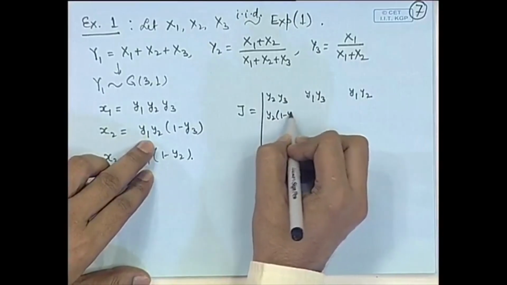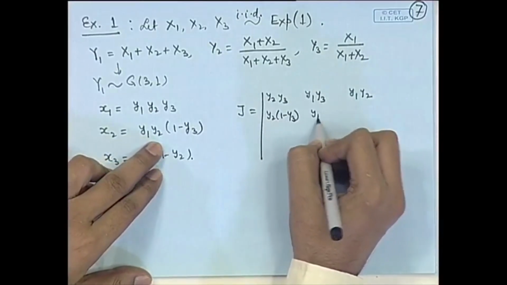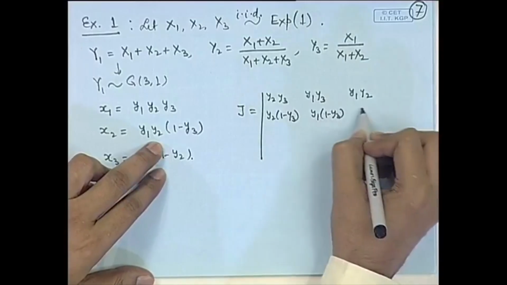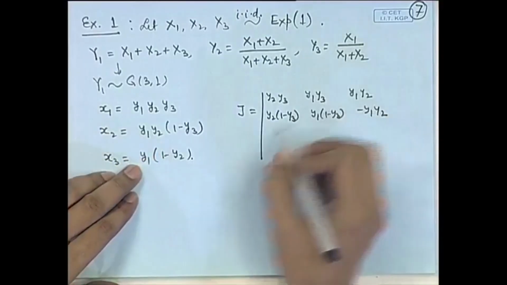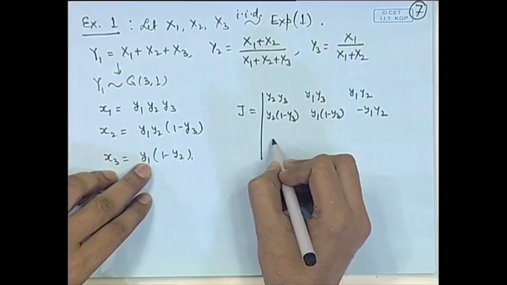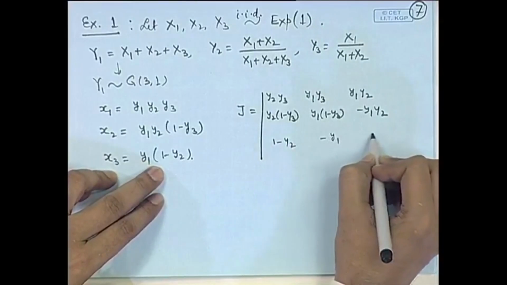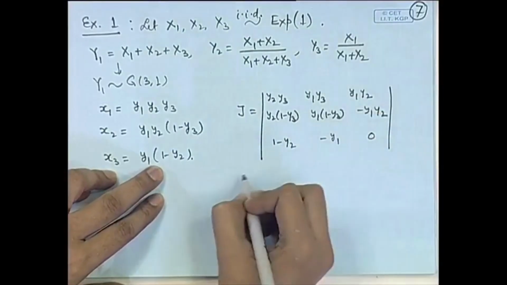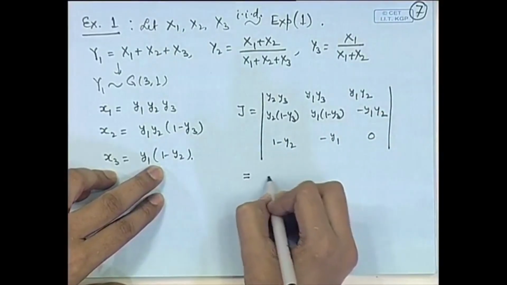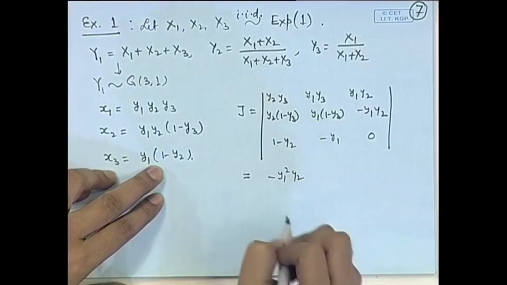The rows are: y2 y3, y1 y3, y1 y2; y2 (1 - y3), y1 (1 - y3), -y1 y2; 1 - y2, -y1, and 0. If we evaluate this, it turns out to be -y1² y2.